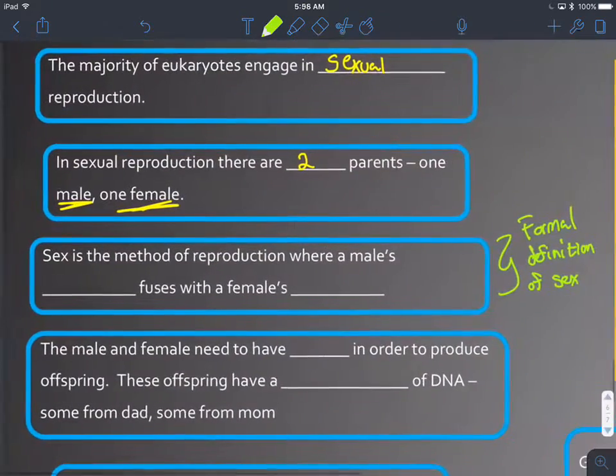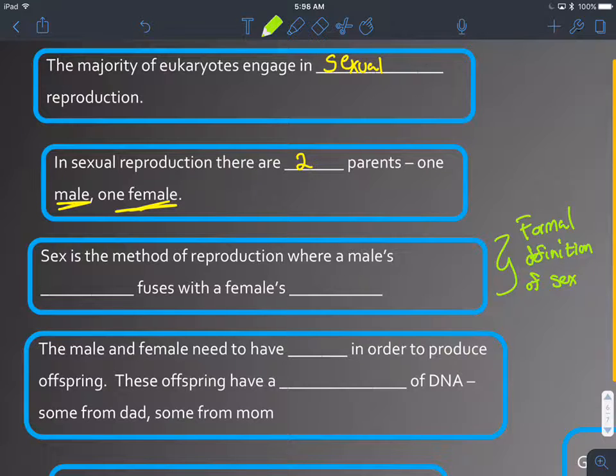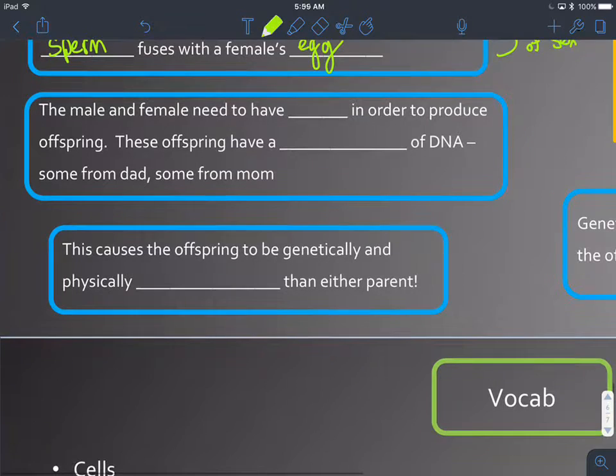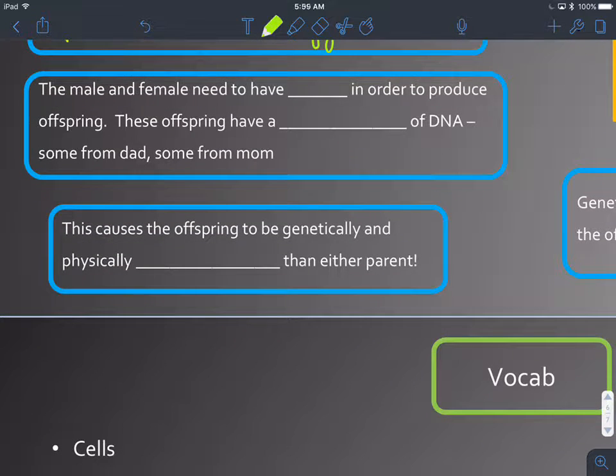We consider this to be the method of reproduction where a male's sperm fuses with a female's egg. And this is generally what happens. Sometimes you hear the word gamete, but for our purposes, think of sex as this process where the male's sperm fuses with a female's egg. So, in order for offspring to actually be produced, the male and female need to have sex.